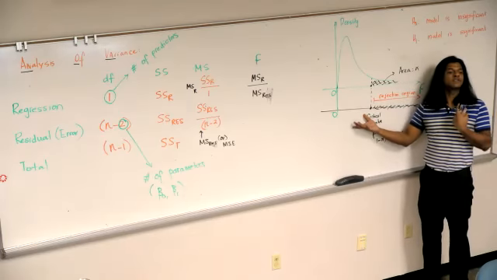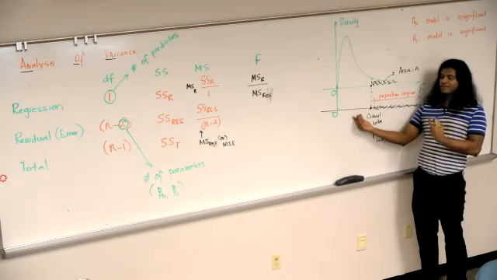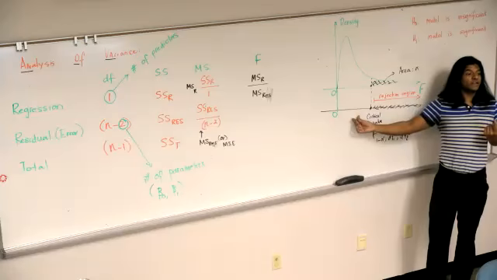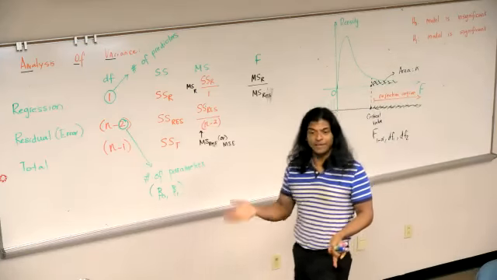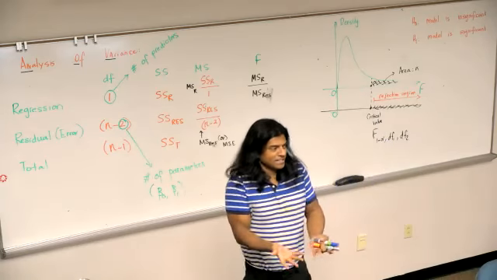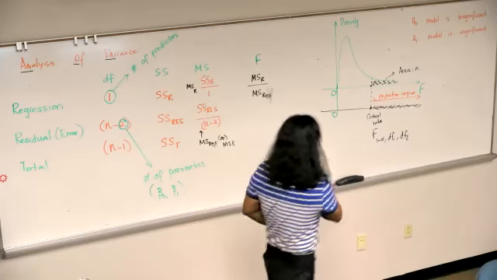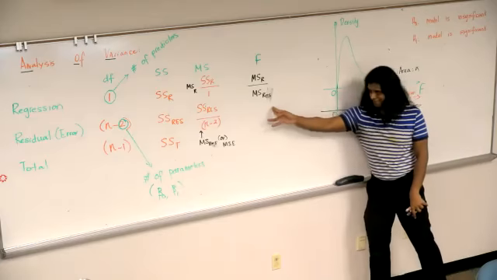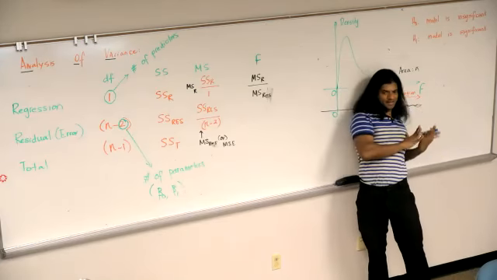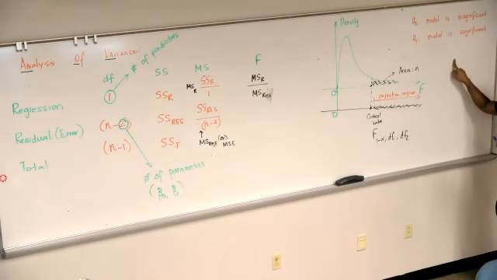A value of 1 or 1.2 doesn't always mean something. If you account for variability, 1.2 may be just the same as 0. So this number is going to help us decide if that F is large enough for us to reject the null and conclude that whatever model we have is significant.